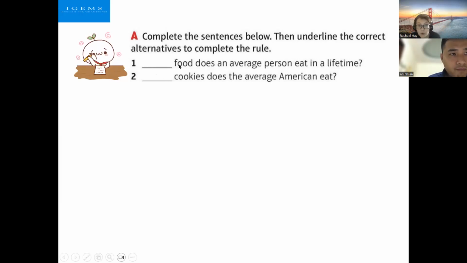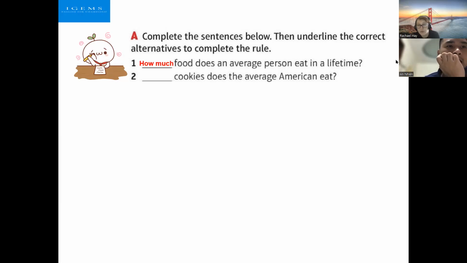Okay. So number one, is that how much or how many? How many foods? Okay. How much? Because the word food doesn't have an S. Okay, so how much?